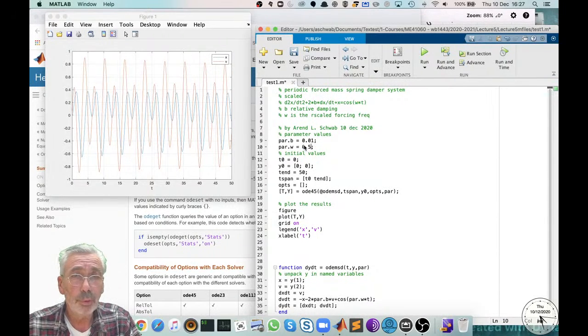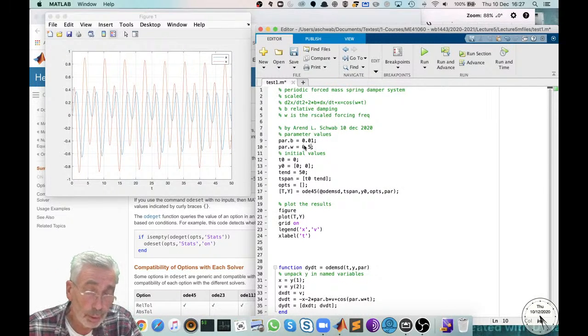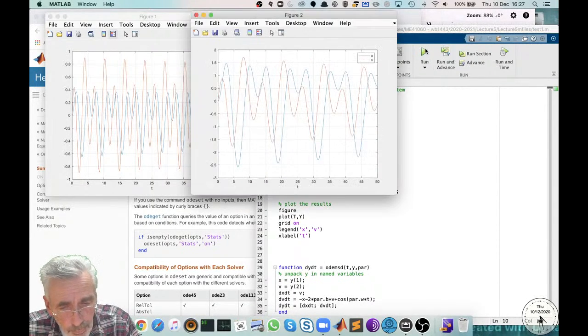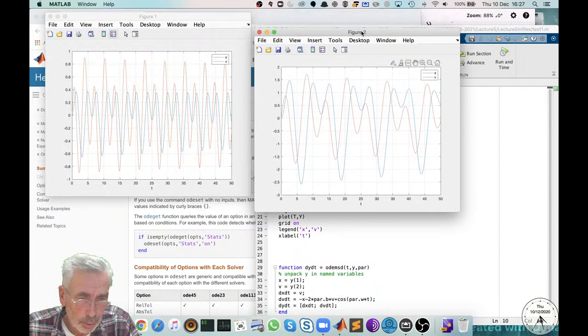Of course, before you do that, you have to know, what do I expect then? Well, I still expect a result which is in the same frequency as the forcing frequency, but in the beginning there will be a bit different stuff going on. Yeah, and again you see this relative motion.